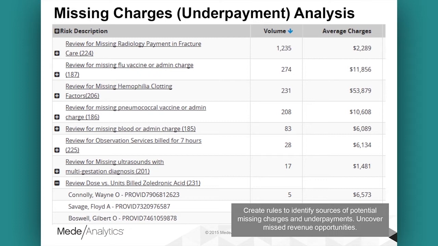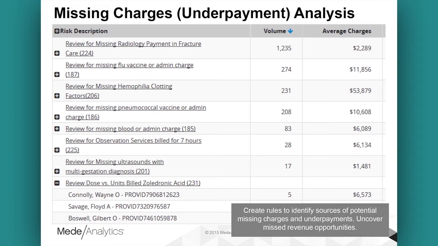The flip side of that, the compliance risk, was often looking at overpayments, that you're at risk of getting takebacks. A similar rules engine from a revenue integrity perspective can be focused on underpayments or missing charges, essentially charge capture. Hundreds of predictive rules using data mining to show where we potentially missed charges.